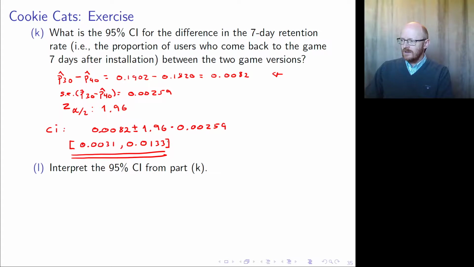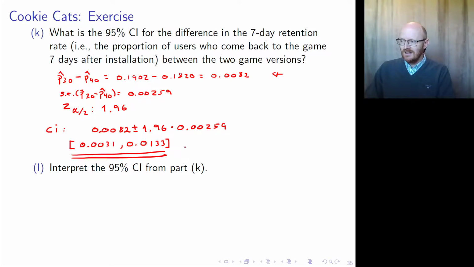Because if we follow this same strategy and take another random sample, then with 95% confidence the new confidence interval will also contain the true value of the difference. So we know that 95% of our confidence intervals actually contain the true value if we follow the same procedure.